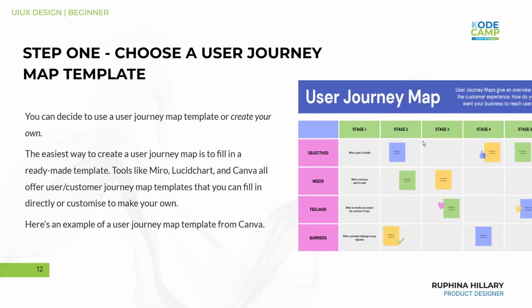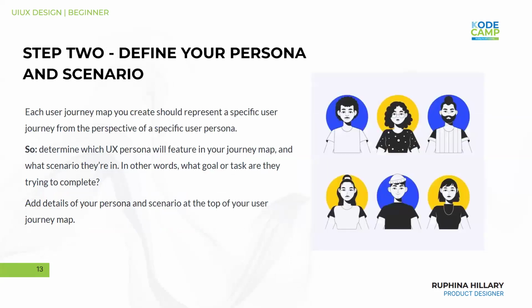You can also easily design it yourself. By the time we get into Figma properly, we should be able to design this ourselves, especially when you're doing your case study. The easiest way to create a user journey map is to fill in a ready-made template. Tools like Miro, Lucidchart, and Canva all offer customer journey maps that you can fill in directly and customize to make your own. That's the first step.